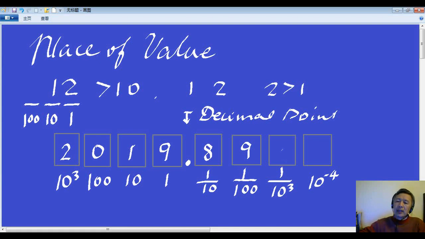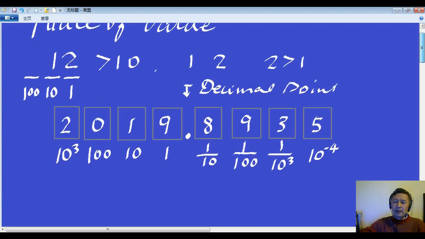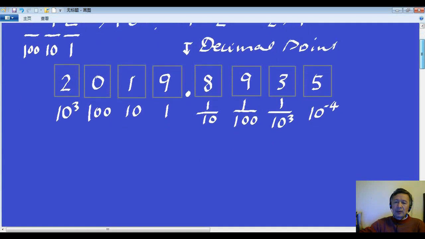So if you just put any number here, say this is a 3, this is a 5, for example, right? Obviously, the value these numbers represent are different. So that is a very important concept for people to learn in mathematics.